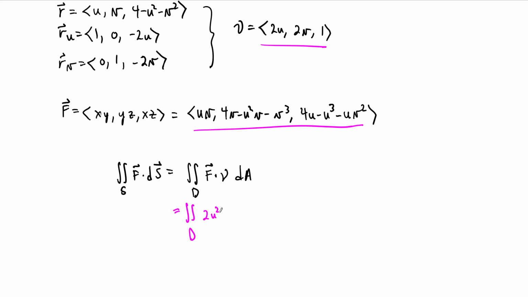So this is 2u squared v plus 8v squared minus 2u squared v squared minus 2v to the fourth, and then plus 4u minus u cubed minus uv squared, all dA. This is what we need to integrate. So this is our integral.